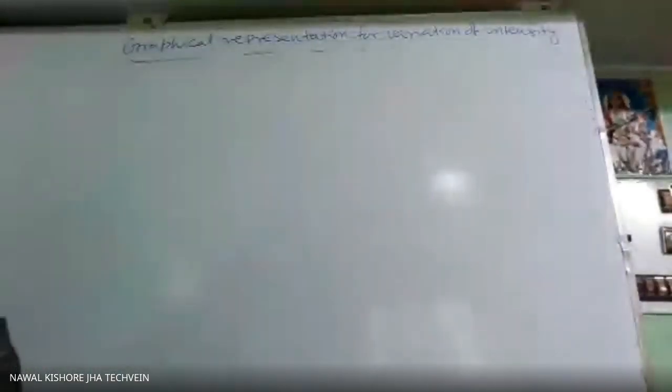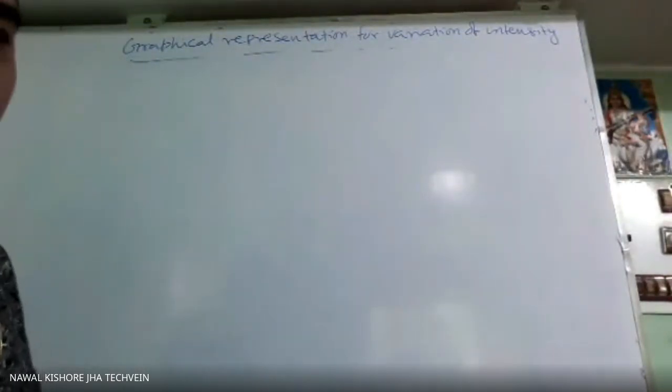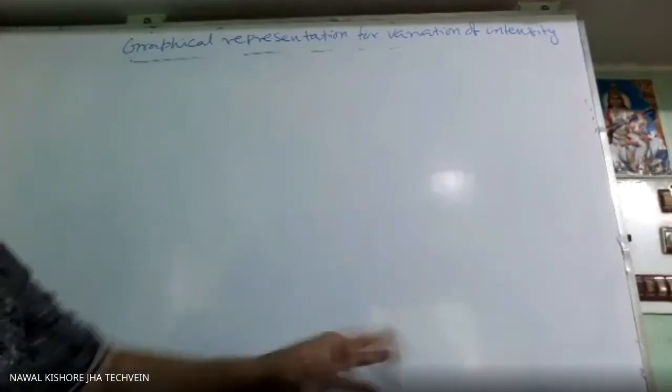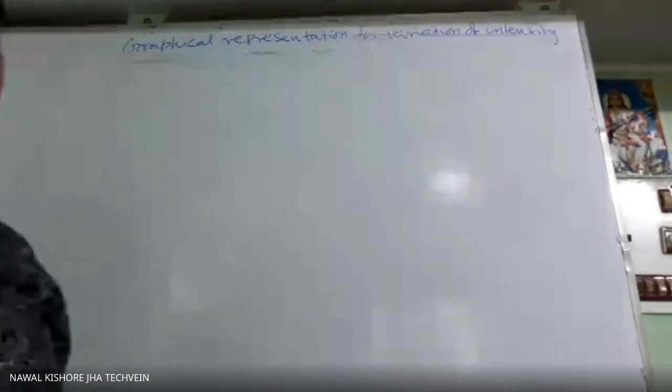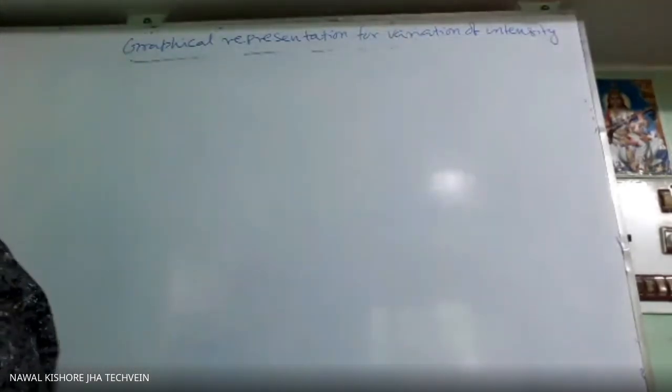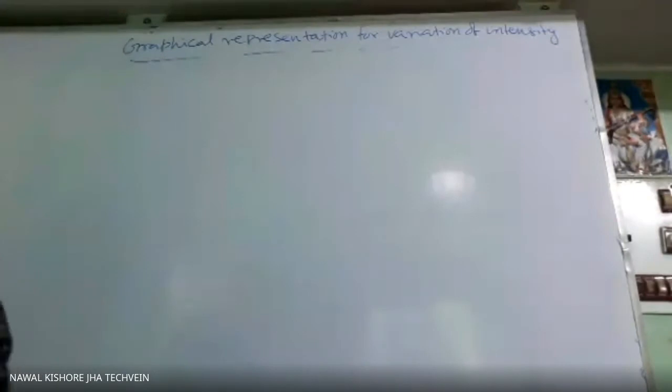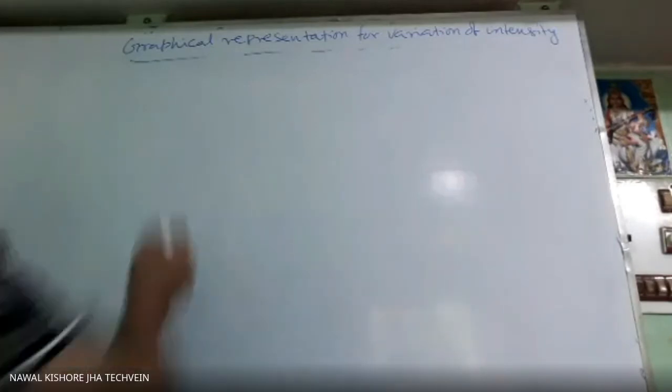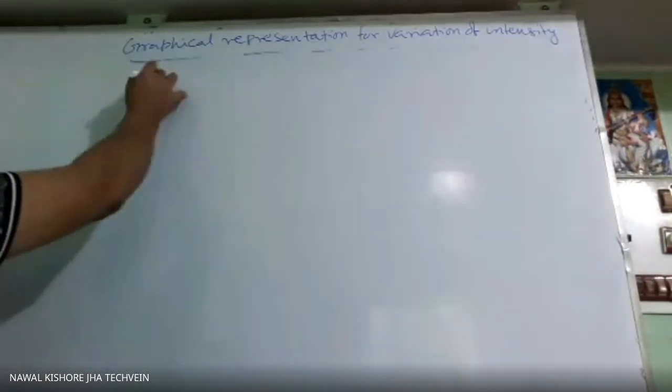So two graphs we have to show. One will be the I versus alpha graph, and the other will be the I versus X graph. X means the position on the screen. Alpha means the phase difference, how they are meeting when the two waves are superimposing. What is their phase difference? Okay, so first is the I versus alpha graph.